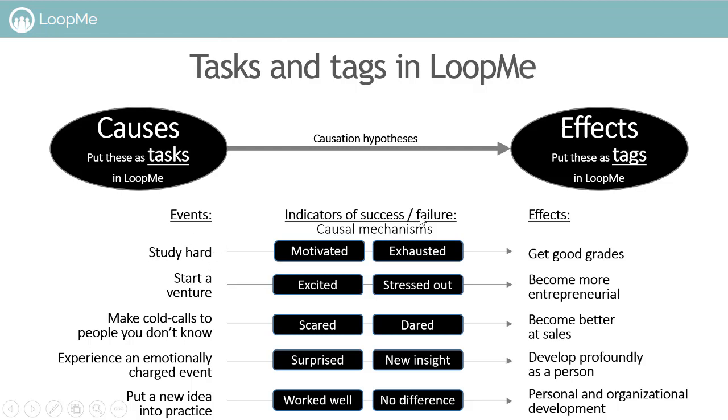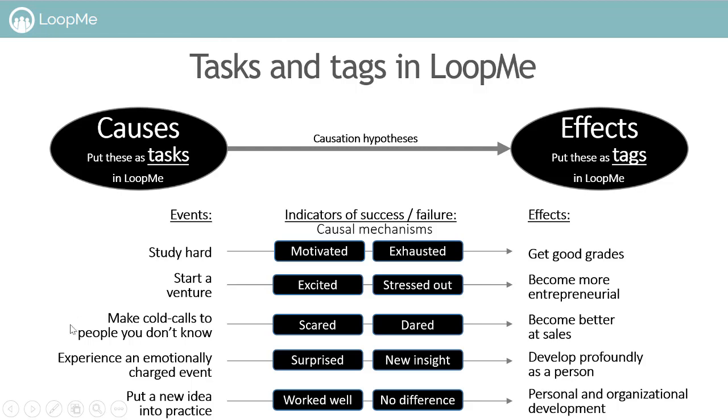Then we have some indicators of success or failure, motivated or exhausted, and then we get the effect, good grades. Another event could be to start a venture, and then you could be excited, but you might also be stressed out. But the long-term effect could be that you become more entrepreneurial through learning by doing.